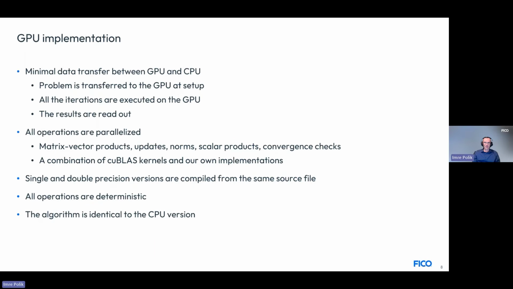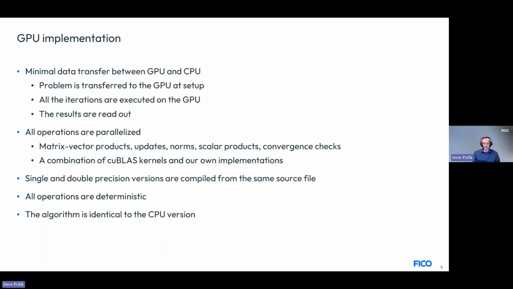Which means if you run the same problem on the same GPU, then you will get the same solution and the same solution path. If you run it on a different GPU, then because it has a different number of CUDA cores, it might have a different solution path and a different result in the end. But mathematically, the algorithm is actually equivalent to the CPU version.